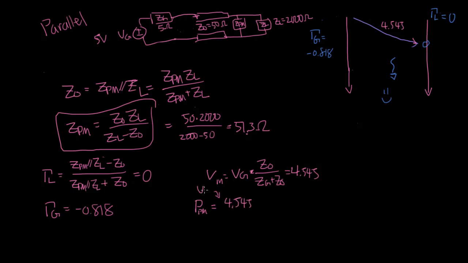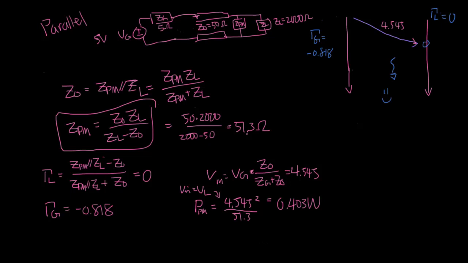It's basically VL, which is equal to Vn, because we just did that match. And so if we square that, divided by 51.3, which is the resistor here, so V squared over R, you're going to get 0.403 watts, or 400 milliwatts.